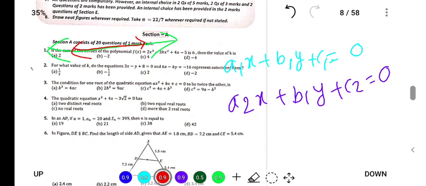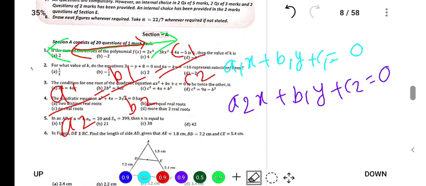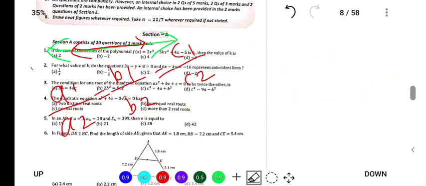These are called coincident lines. So the condition is a1 upon a2 equal to b1 upon b2 equal to c1 upon c2. Means all coefficients will be equal. So you make them equal and you can find out the value of k.